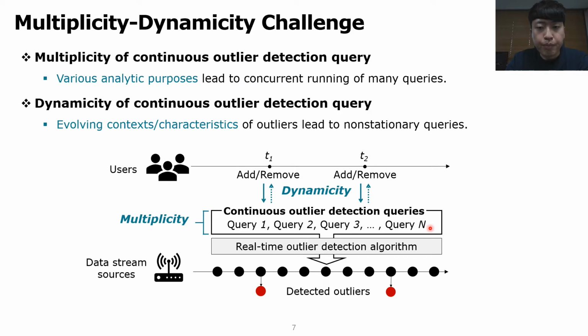We can see this as the multiplicity challenge, and real-time alert detection algorithms should consider those multiple queries at each timestamp and detect outliers from data streams from different sources. It should be accurate and fast to support real-time applications.